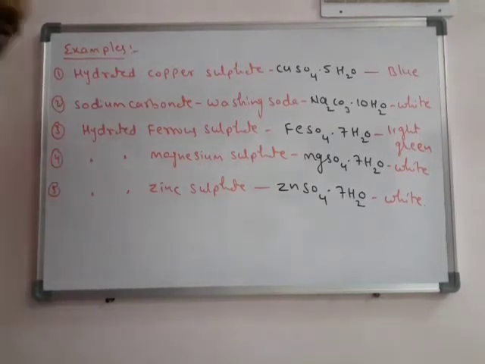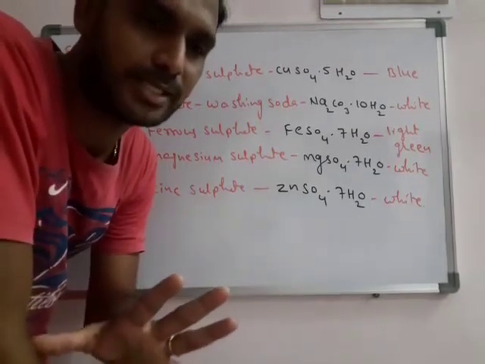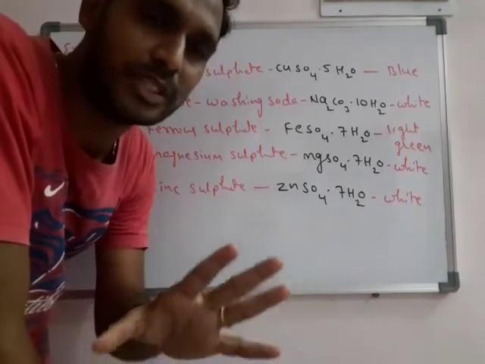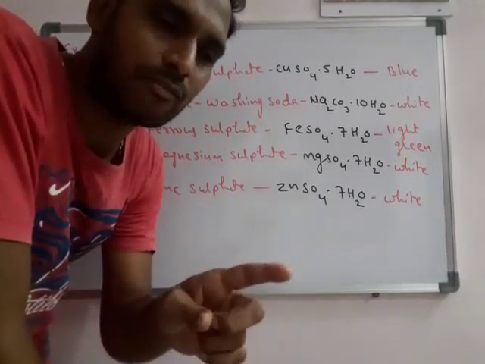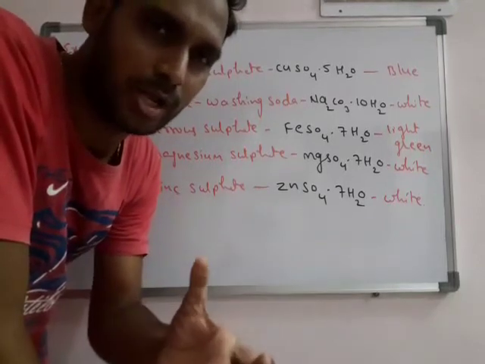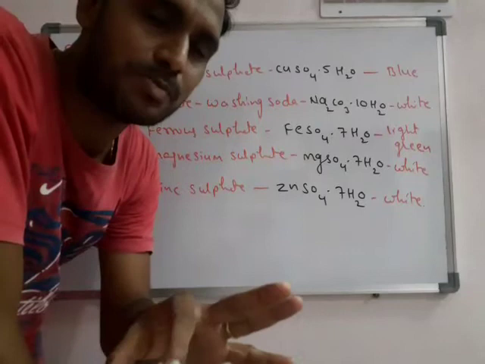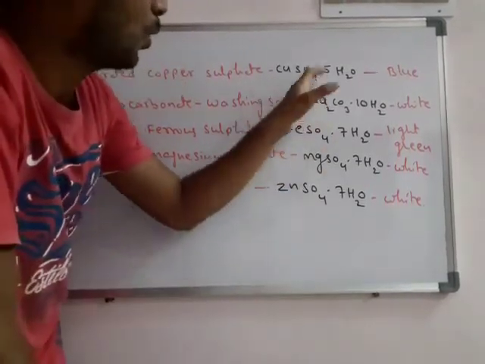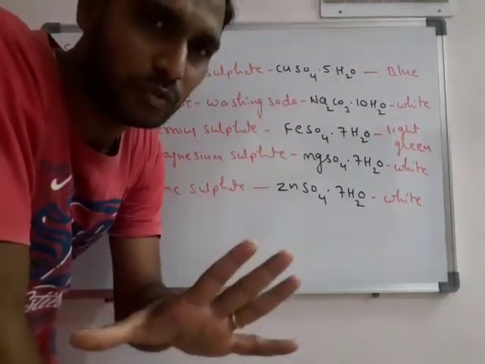Okay, now we see an experiment. We see an experiment to show that they really have water molecules. We take a salt and with the help of an experiment we prove whether they really have water or not. Next, is the water responsible for their color or not? For example, copper sulfate anhydrous means without water molecules.